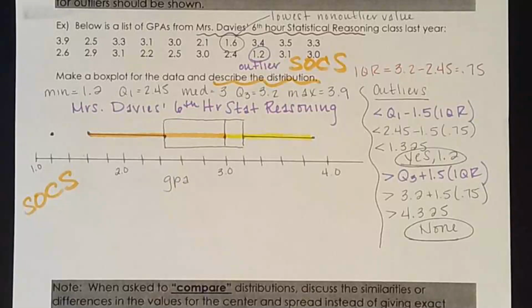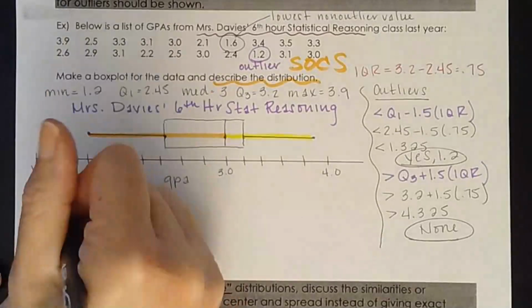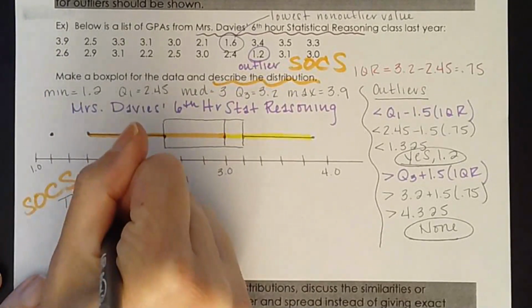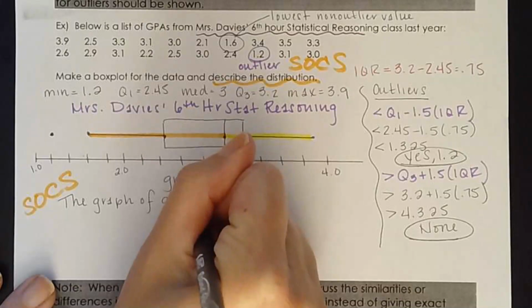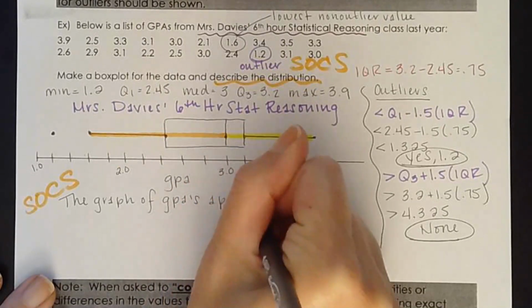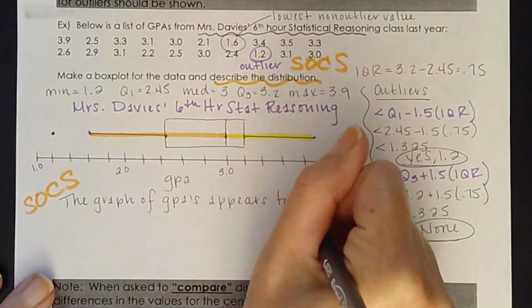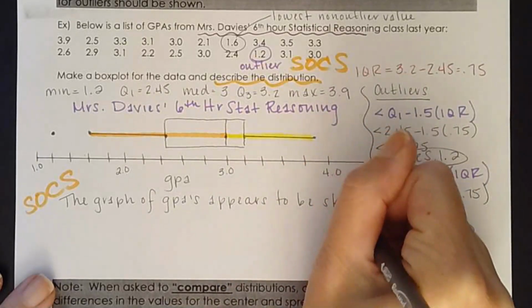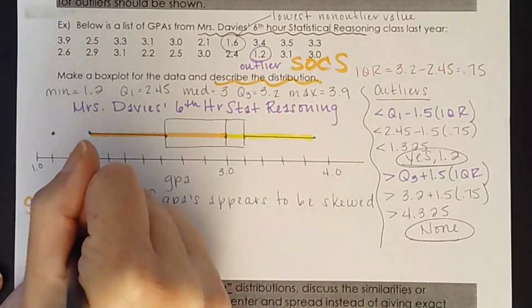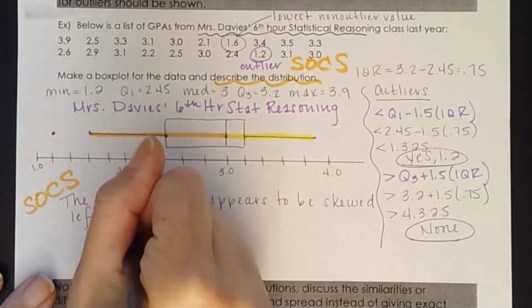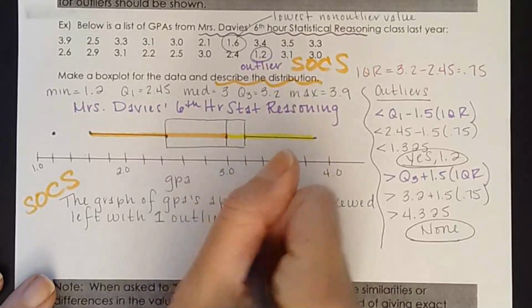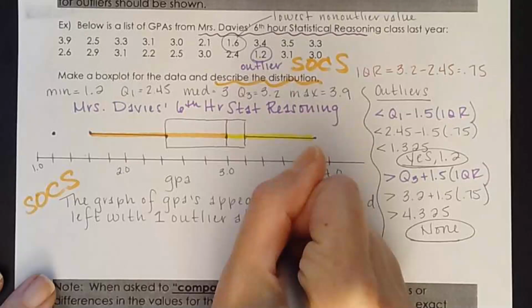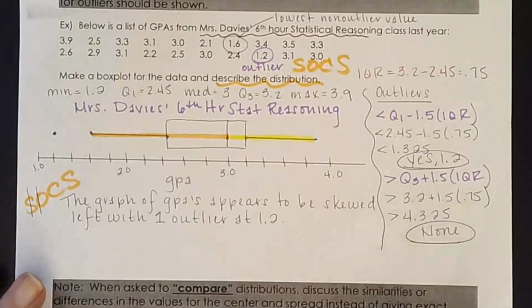The graph of GPAs appears to be skewed left with one outlier at 1.2. That's the S and the O.